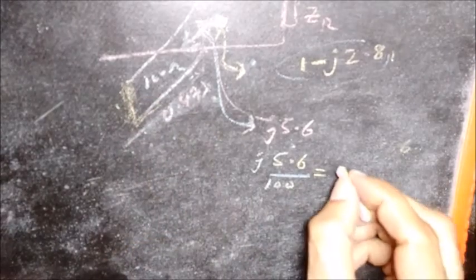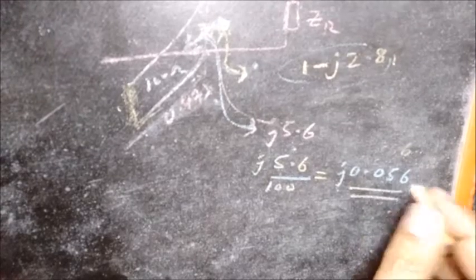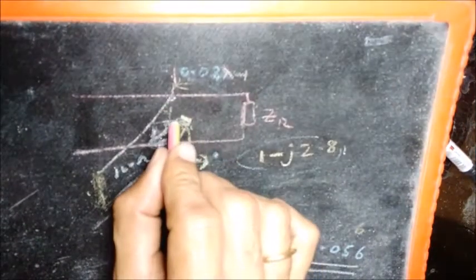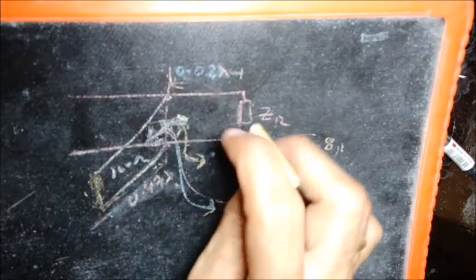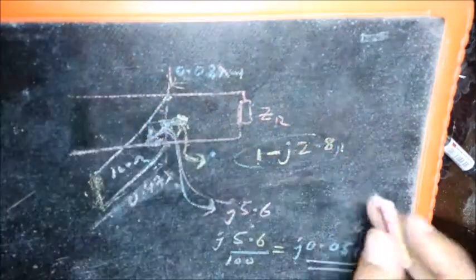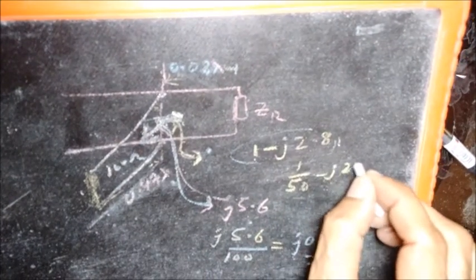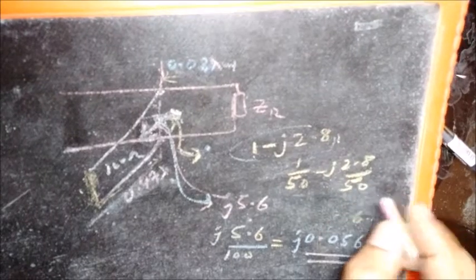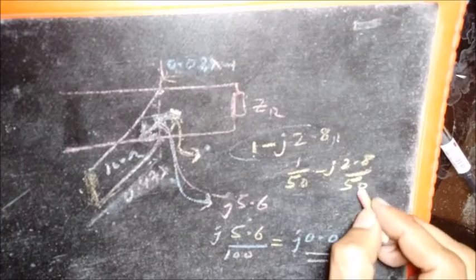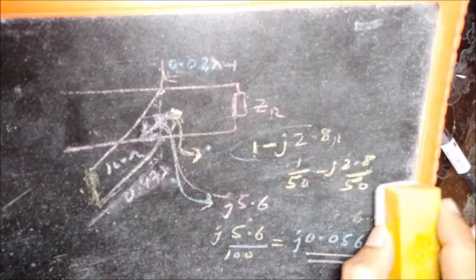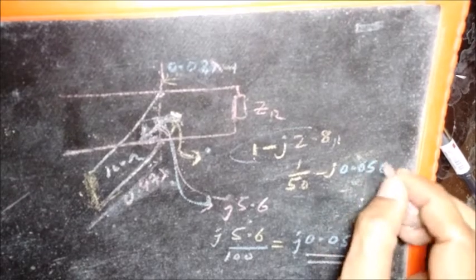Now we have to remove that normalization. The result will be j0.056. Whereas the normalized input admittance here is 1 minus j2.8, where the normalization is with respect to 50 ohms, because this line is of 50 ohms. So the actual admittance will be 1 by 50 minus j2.8 by 50, which is 1 by 50 minus j0.056.